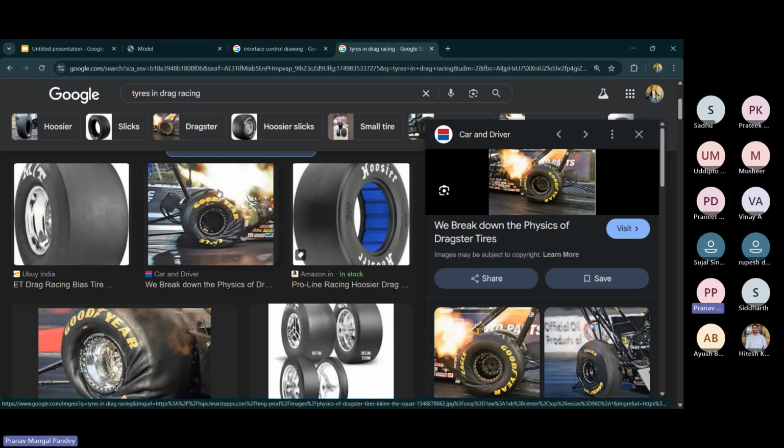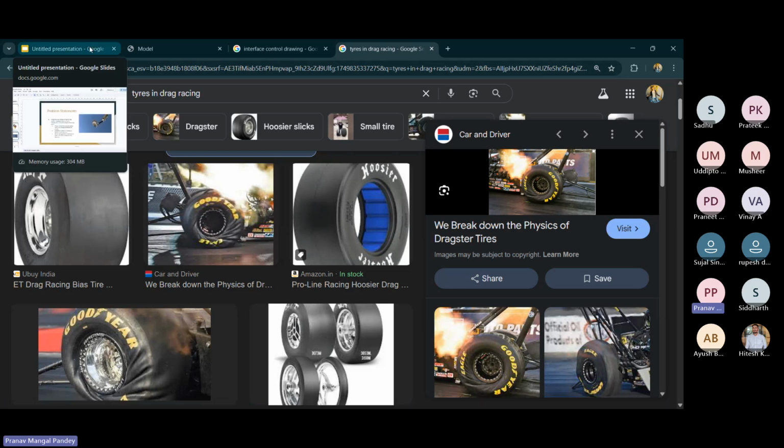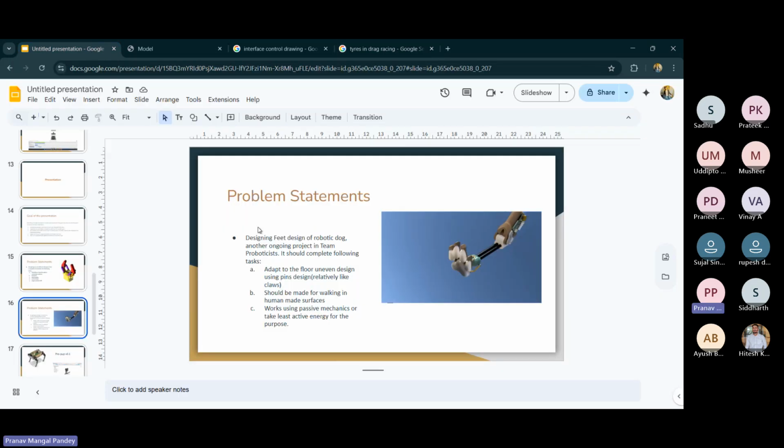Another thing I wanted to add is that we are also talking about edges. When we talk about surfaces made by humans, a big question mark for robotic mobile robots is whether it will walk over the edge of stairs or a table or something like that.